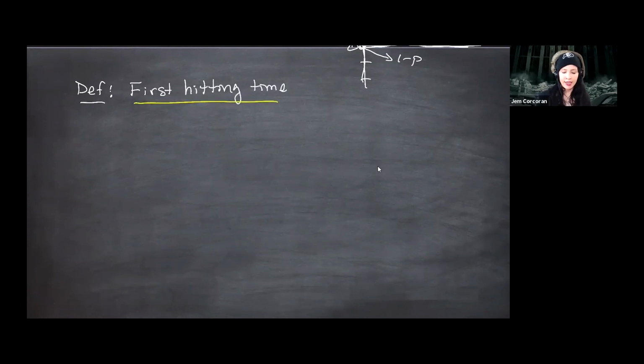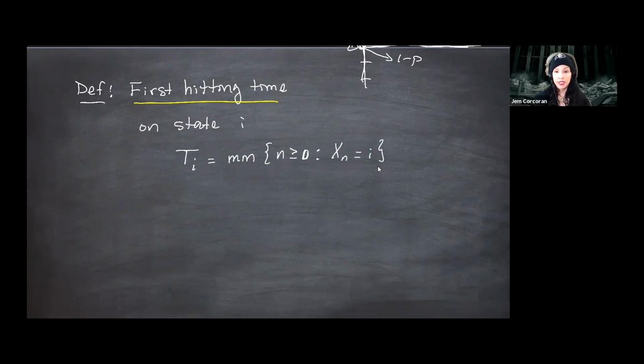We're going to denote it, although we're going to use this for both, because everyone does, as T sub I. And this is going to be the minimum time step n greater than or equal to 0 such that X_n is I. So it's just saying, given a Markov chain, what is the first time you hit state I? If you start there at time 0, then you've already hit it. The hitting time can be 0.